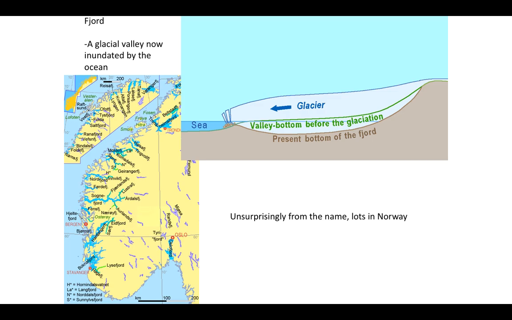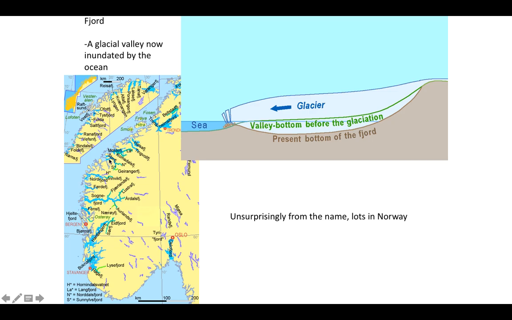So let's look at some of the landforms that are created from glaciers. We've looked at glaciers. We've looked at why glaciers are important. We're going to start with our erosional landforms. An erosional landform is when material is taken away in order to create a landform. And a fjord, we talked about when we talked about rivers, if you remember.